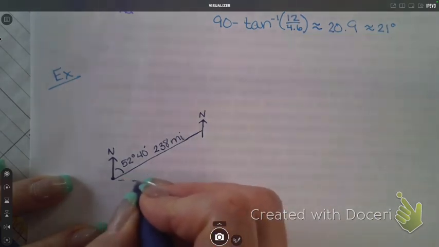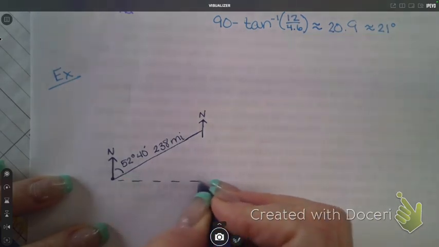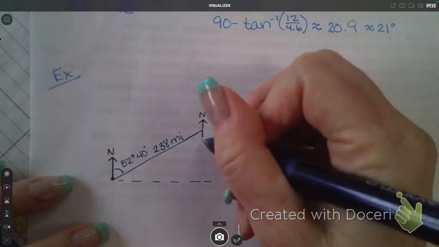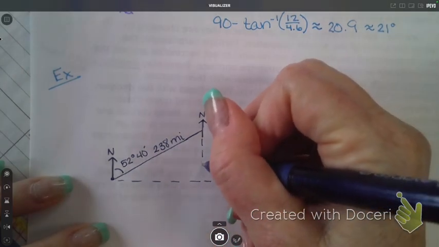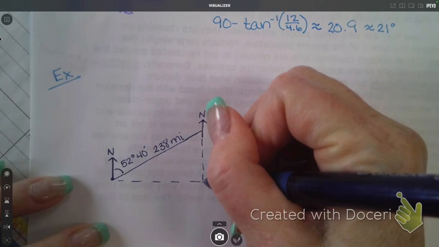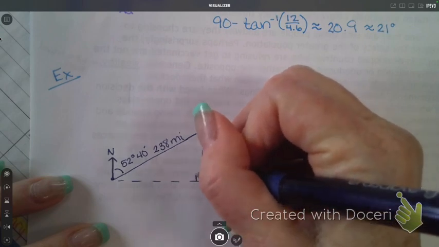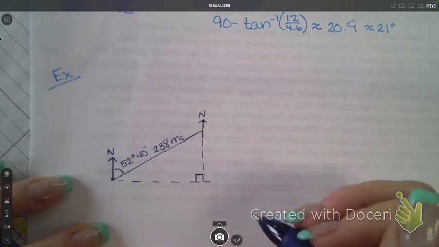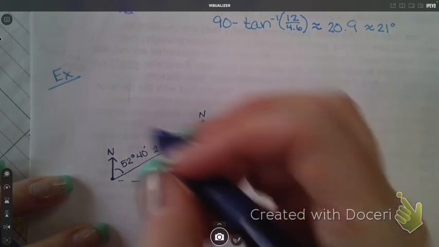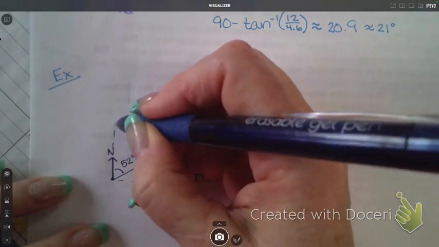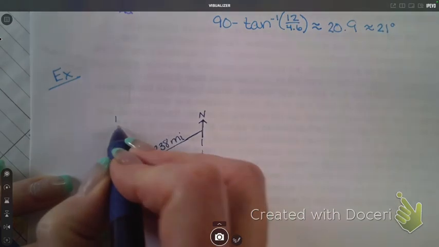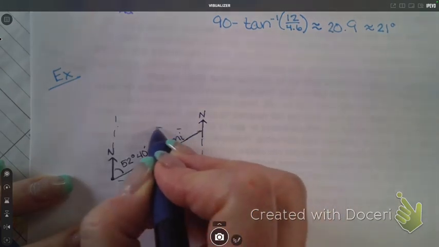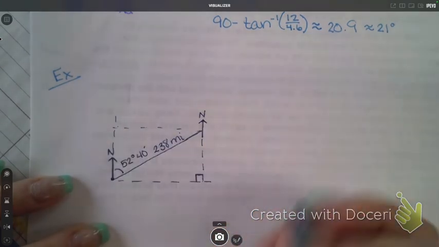So what am I making? A triangle. A right triangle. Now, could I make it this direction too? If you want to make it that direction, is that okay? Yes.